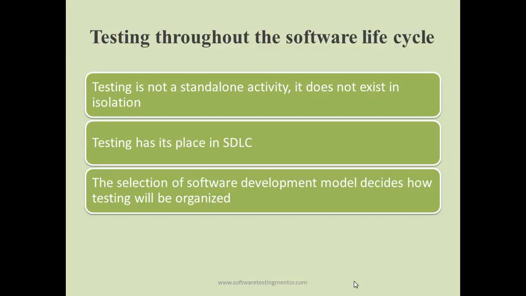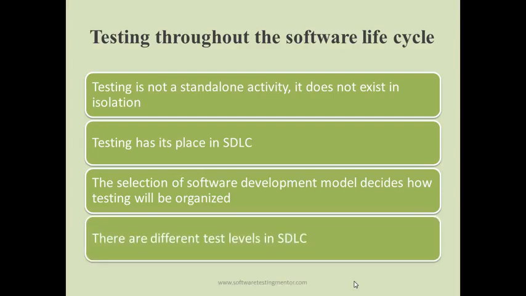So depending on the development model that you choose for developing any software, testing organization changes accordingly. In agile development methodology, testing organization will be different. So the selection of software development model decides how testing will be organized within that development model.